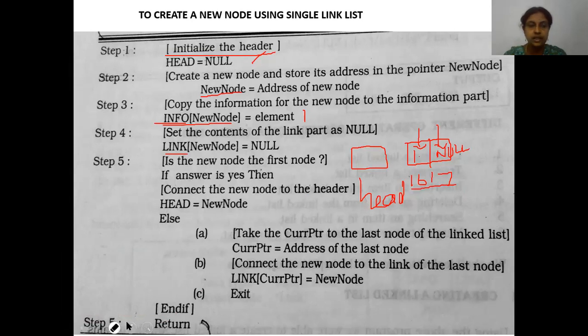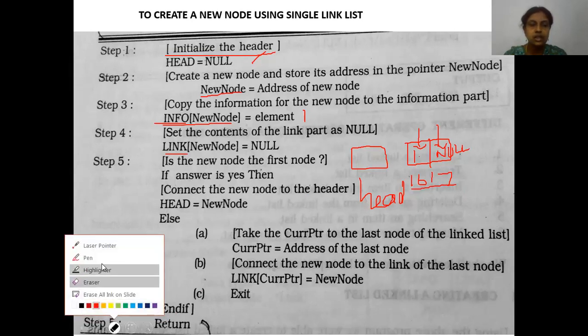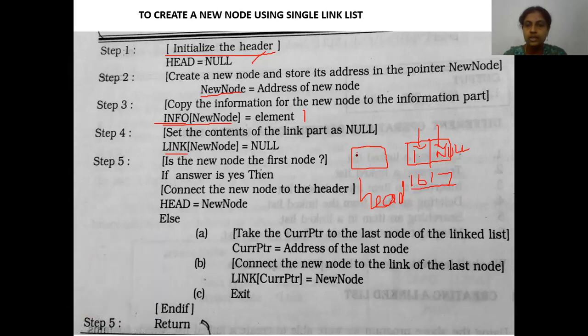Initially we only set null. Now we will remove this null and store the value 1617. That is the step given in the fifth step: head equals new node. So what they are telling is, new node value is 1617, that should be stored to head. So in head we have given it. So this would have created the link. This is if the answer is yes.